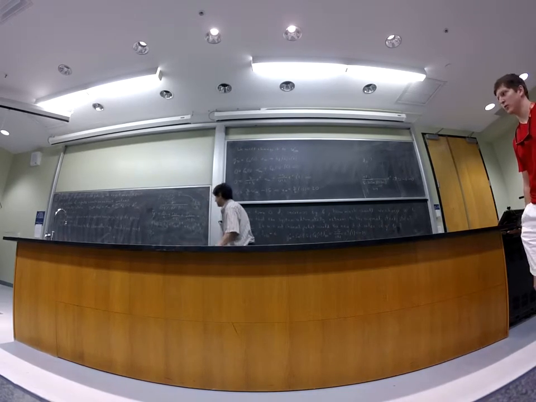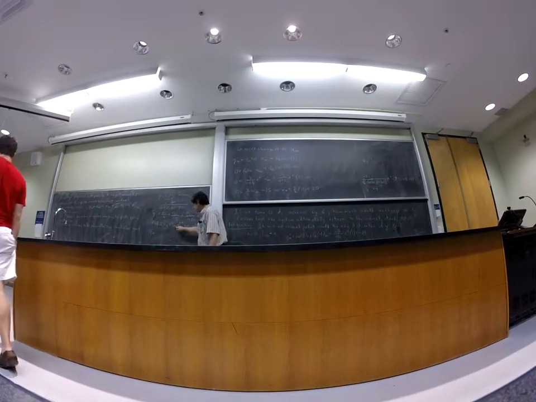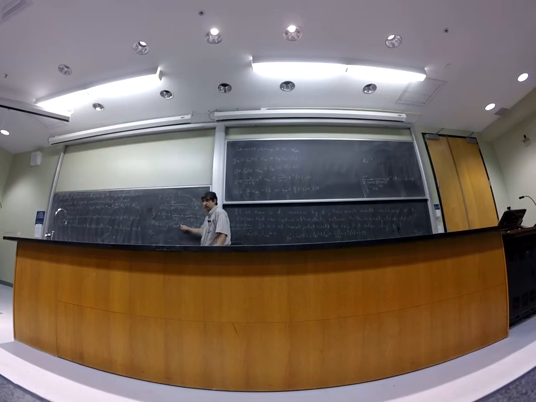If even one p is positive, e to the pt blows up as time goes to infinity. What is e to the 0.01 times t as time goes to infinity?